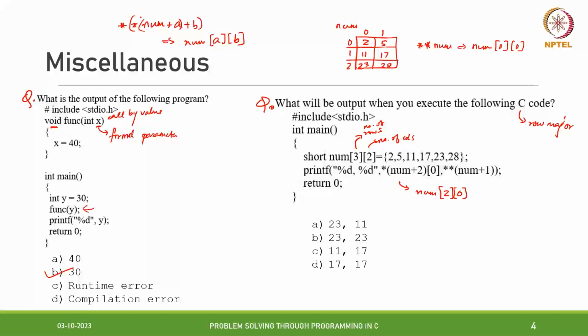These two are equivalent expressions, they are the same thing. Similarly, what would this represent? Num of what? Can you tell me? This would be num of 1 of 0. And what would that be? 11, right? So the answer is option A. First is 23, which is 2 of 0, the third row, first column, and then num 1 of 0, the second row, first column. So we have 23 and 11 respectively as answers.